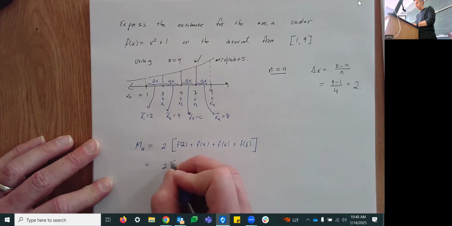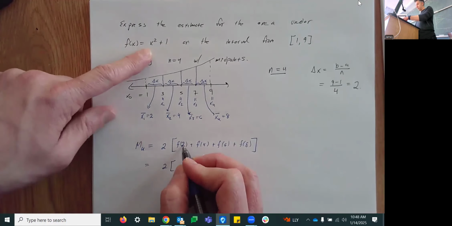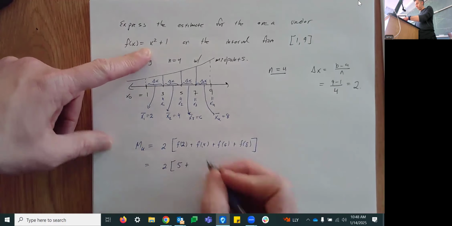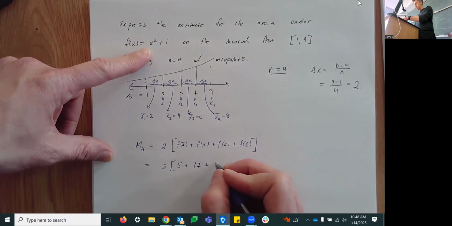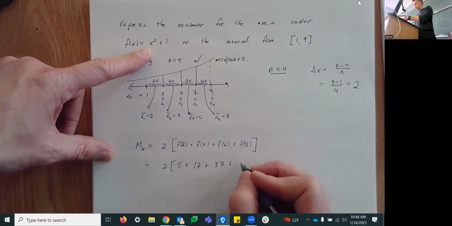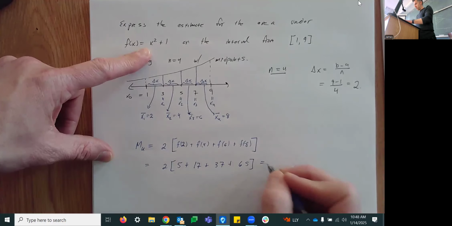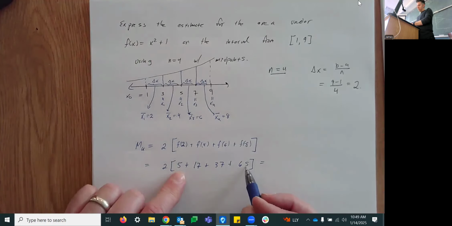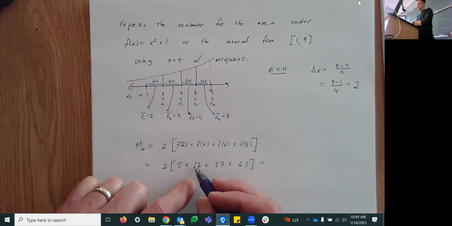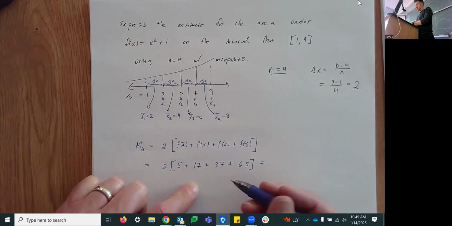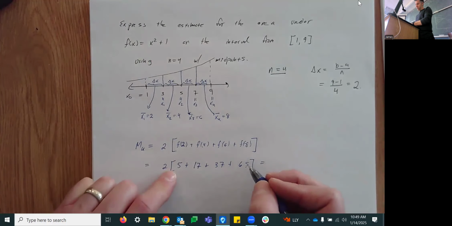So we get 2 times, f of 2 is going to be 2 squared plus 1. f of 4 is going to be 4 squared plus 1. f of 6 is going to be 6 squared plus 1. And f of 8 is going to be 8 squared plus 1. So we get, 5 plus 17 is 22, plus 37 is 59, plus 65 is 124. I'll check that again.